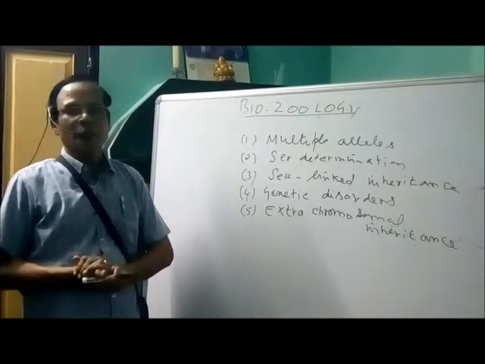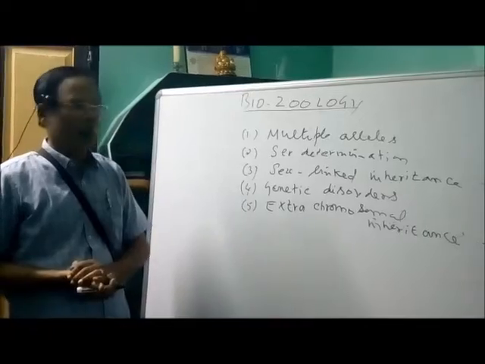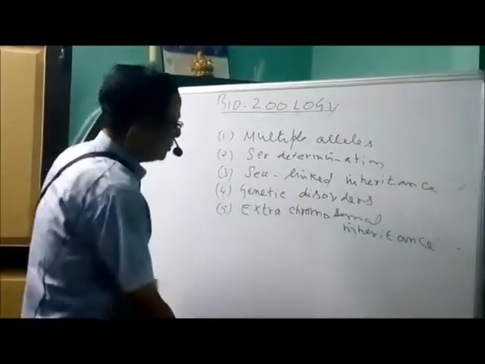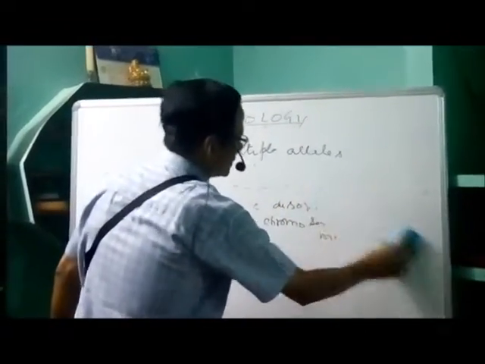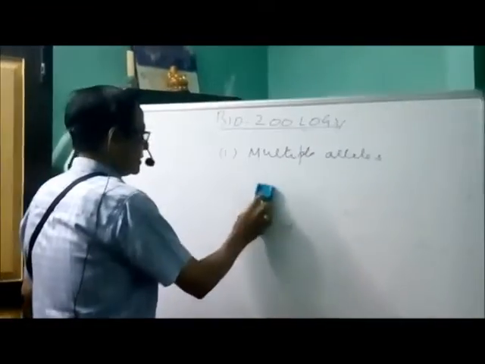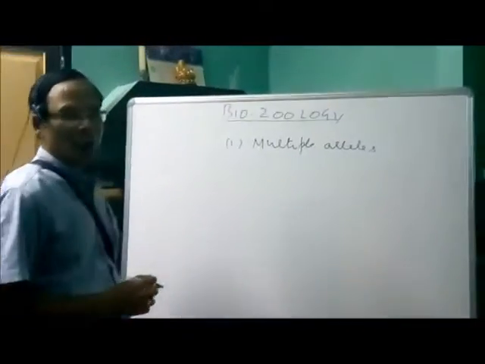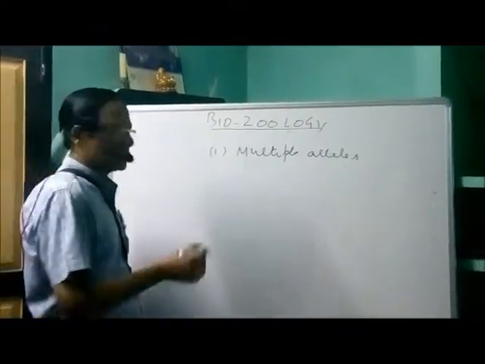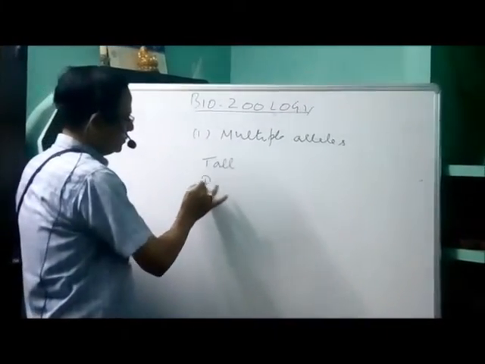So we take the first unit, multiple alleles, related to the blood groups. Now what are multiple alleles? If we take the height of the plant in a garden pea, there are two varieties: one tall, another dwarf.